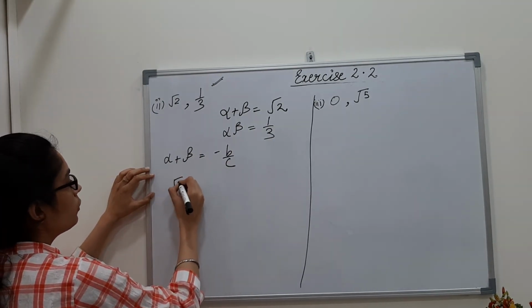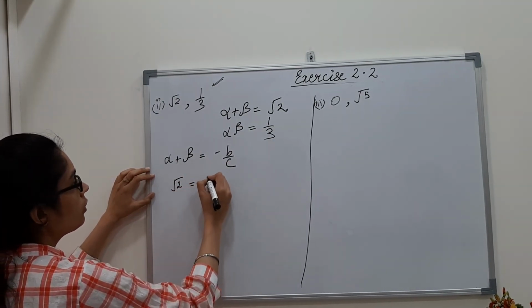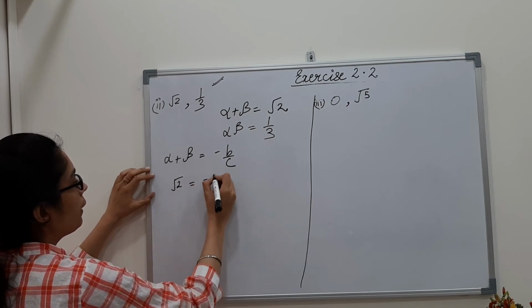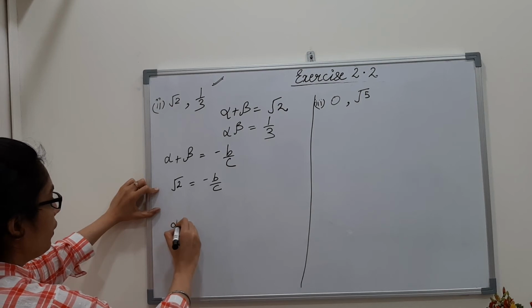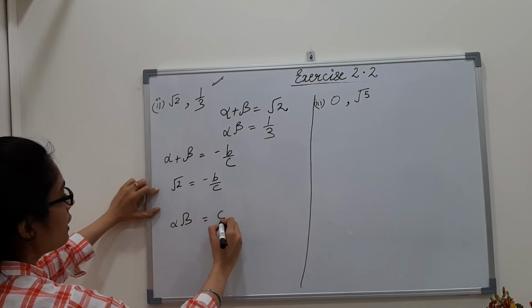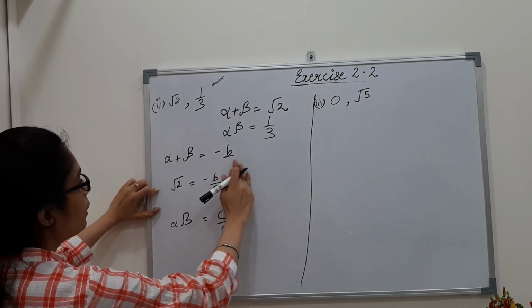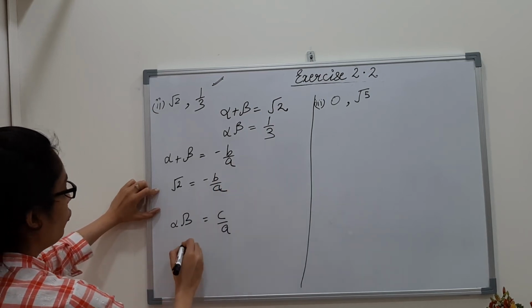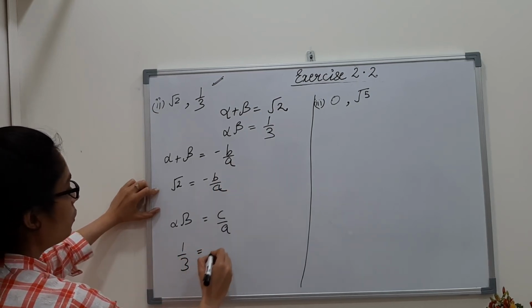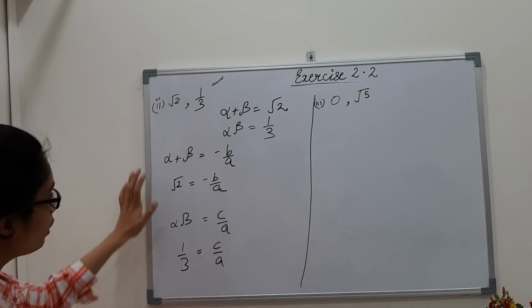That is root 2 is equal to minus b by a. And now alpha into beta is equal to c by a. 1 by 3 is equal to c by a.